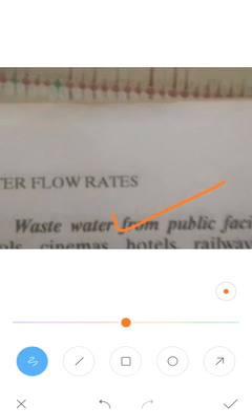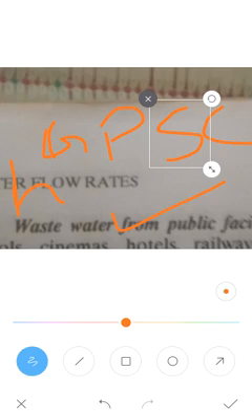They are government or private offices, schools, colleges, hotels, restaurants, lodges, bus stations, railway stations, street washings, and the washing from buildings, and whatever waste comes out from public facilities after use. So that is the wastewater from the public.